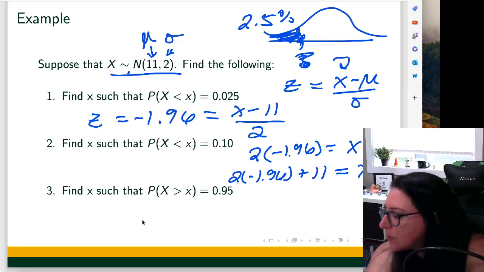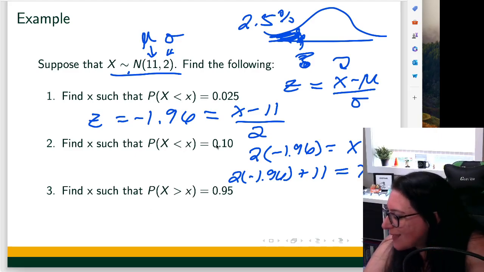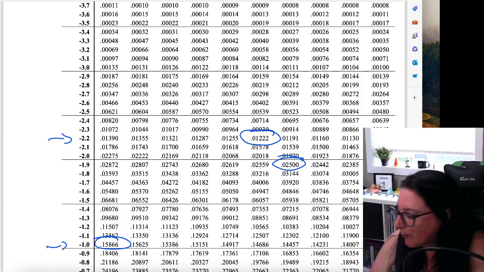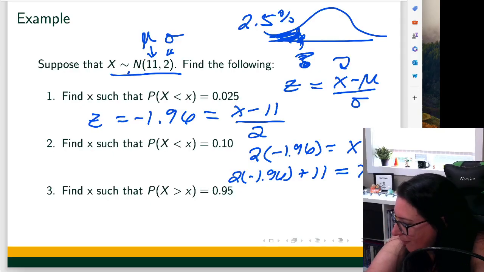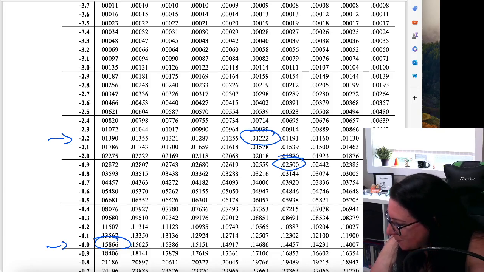But we can totally do it because we know how this works. So let's try this one. Probability that it's less than 0.1. So what do we do? We go and we look. Let's just verify 0.1. And we're looking for the number 0.1. All right, so as we look at our table here, 0.00, 0.06, we're looking for the number closest to 0.01.